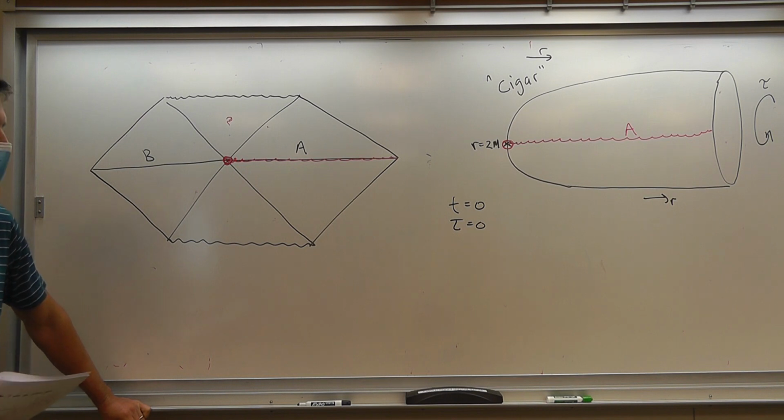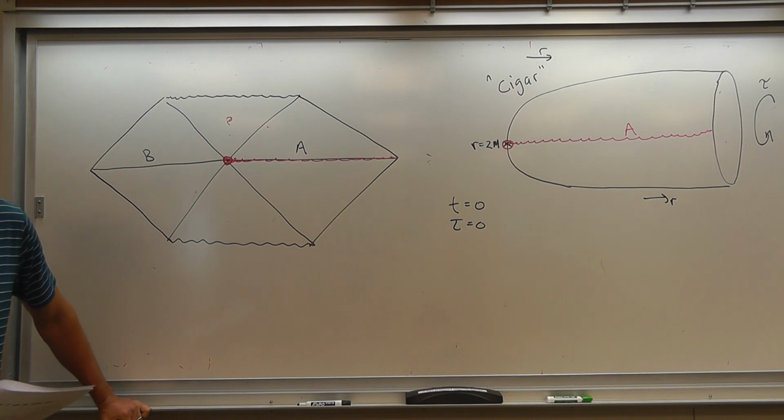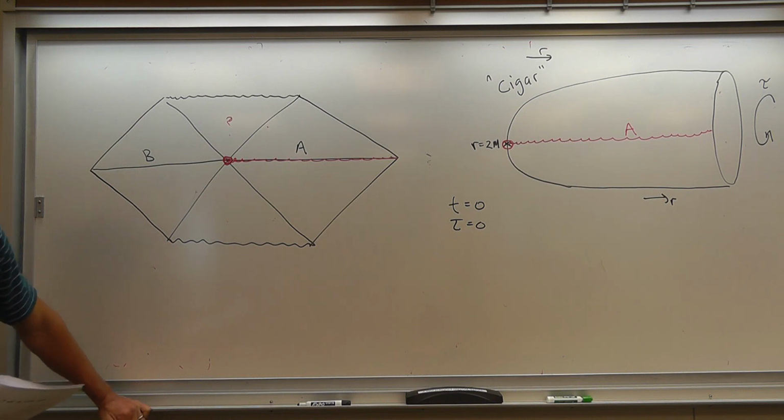Actually, if we did that in Kruskal coordinates, I don't think you would get a real metric. And I don't think there's any other reasonable, real Euclidean metric that you could get starting from Schwarzschild, no matter what coordinate system you picked.